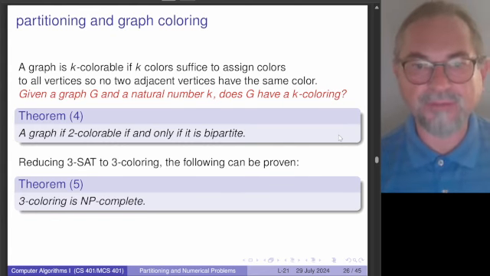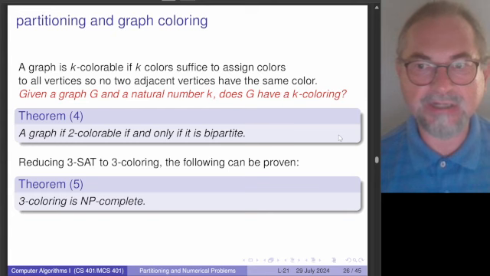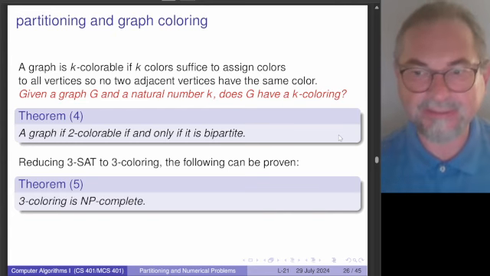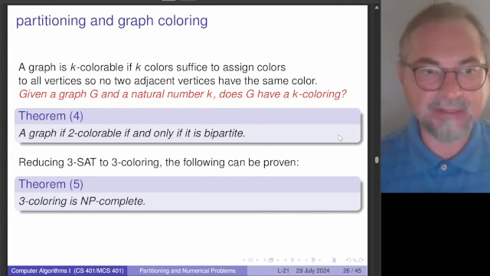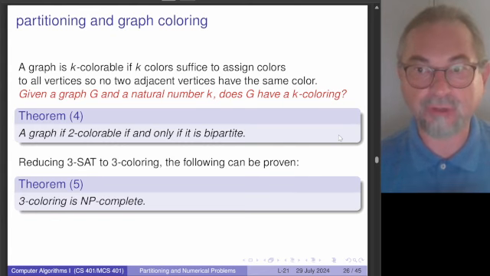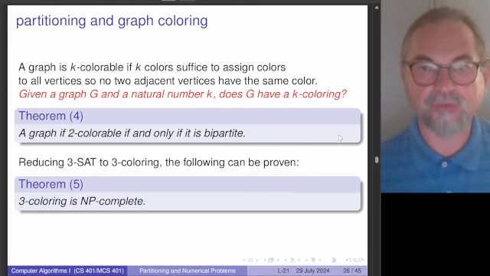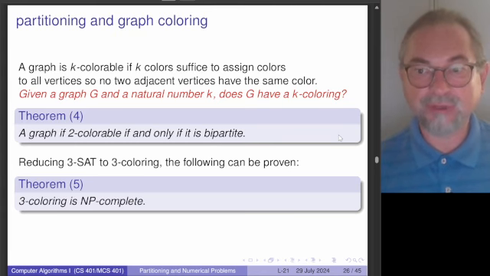Now, I don't want to trivialize the subject here, so there is an entire subsection in the textbook that deals with the reduction of three satisfiability to three coloring. And that shows that three coloring is also NP complete. Now, the goal of this course is that you can read the textbook on your own.